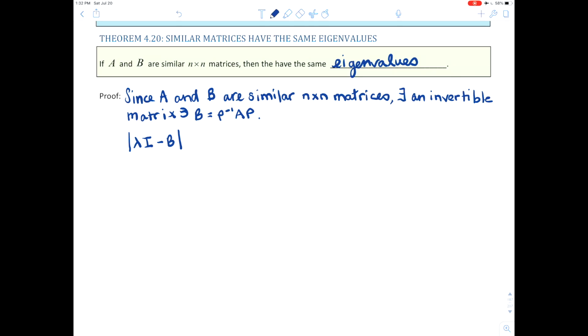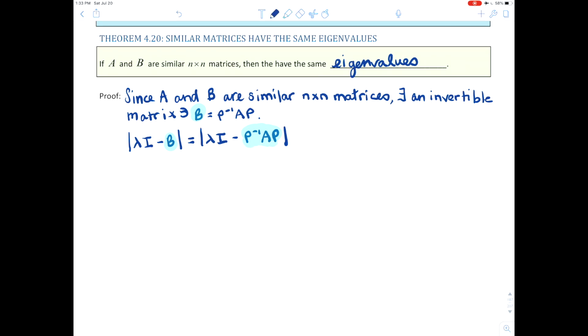But if we rewrite this and we replace B with P inverse AP, we'll have lambda I minus P inverse times A times P. And so that is due to substituting in P inverse AP for the matrix B.